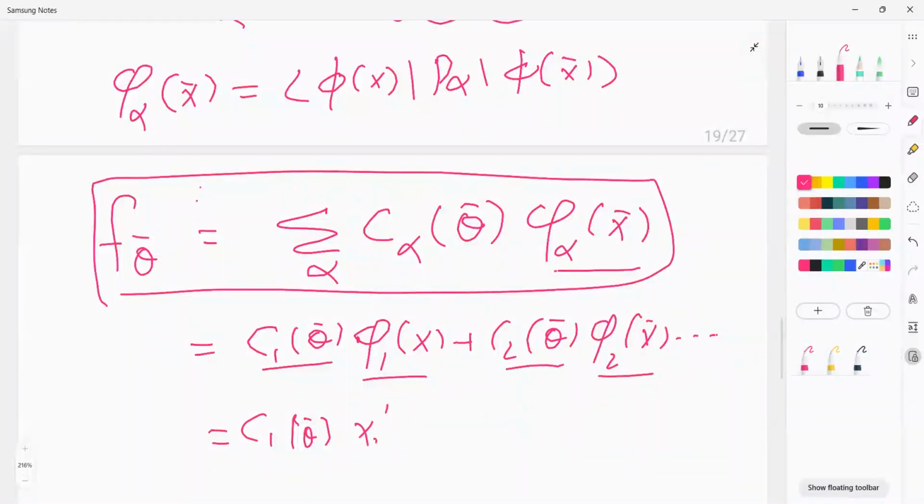So let's call it some x1 prime. So C2, x2 prime, C3, x3 prime, and so on.